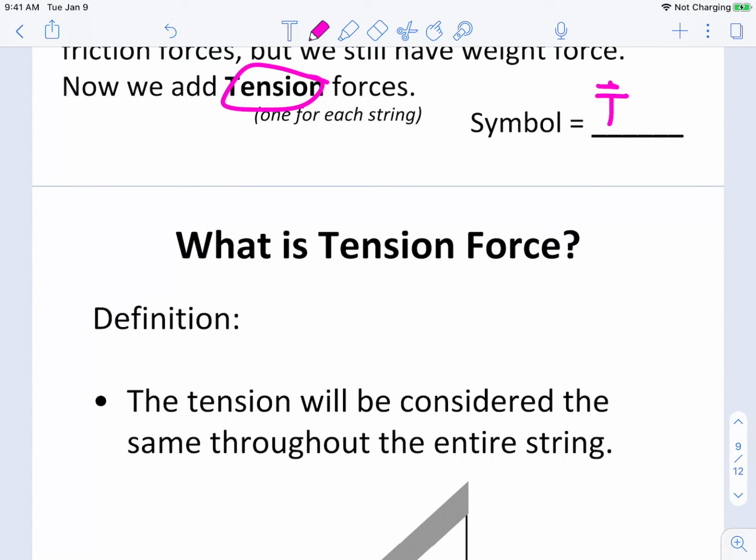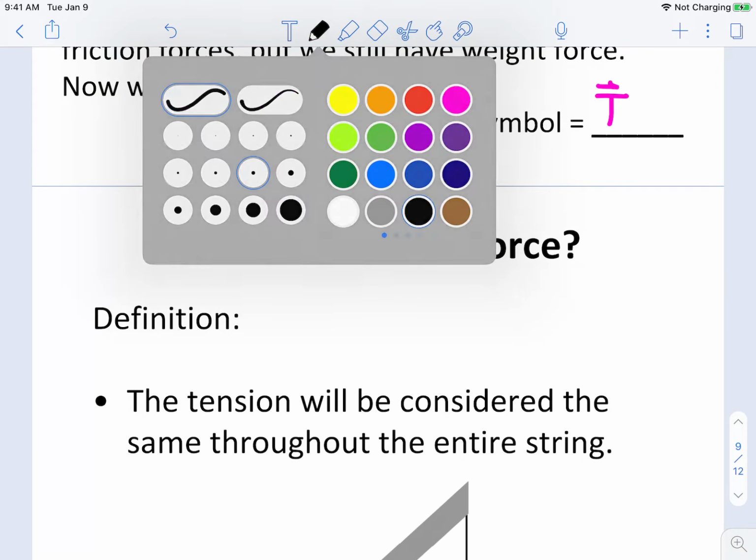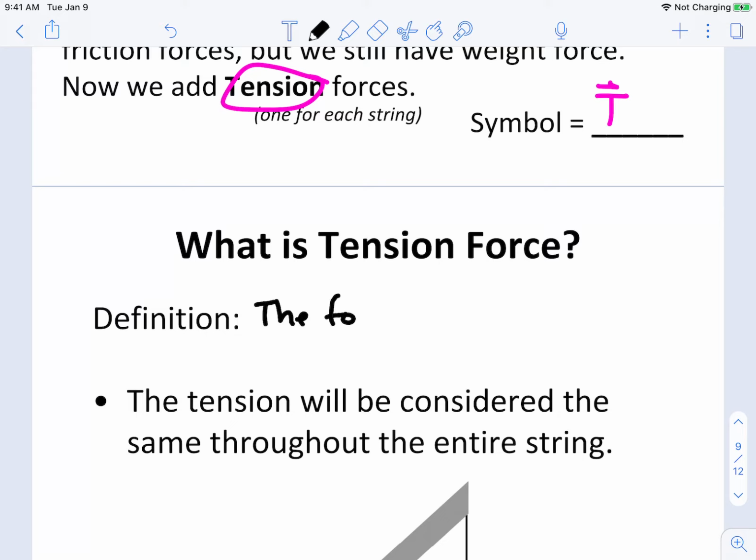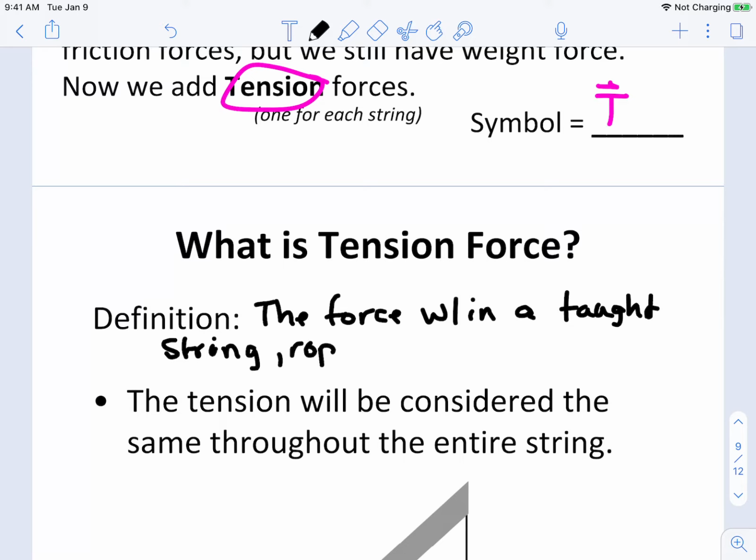Definition of tension force is the force within a taut string. It can be a string, a rope, a wire, a chain, that holds it all together.